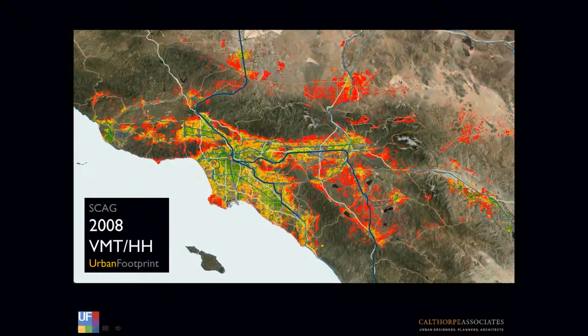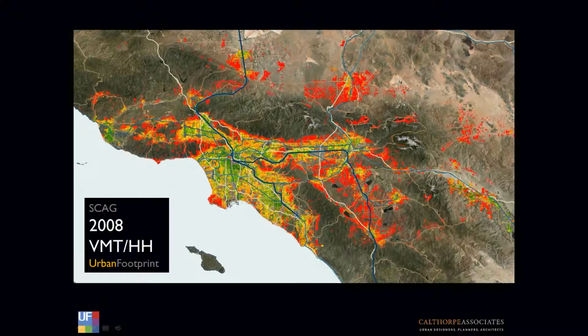You obviously know this is LA down here, and Ventura County, Palmdale. I grew up in LA, by the way, so I'm very familiar with the region and do a lot of work down there. But the green here would be the lowest, say 7,000 to 10,000 vehicle miles traveled per household, up to 30-plus thousand in the more suburban auto-dependent locations.